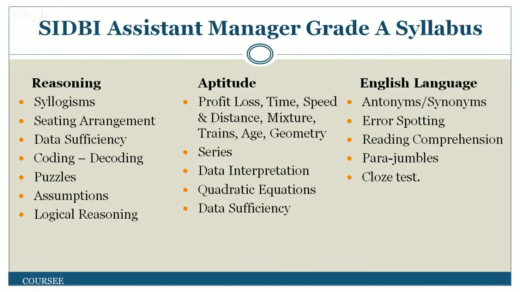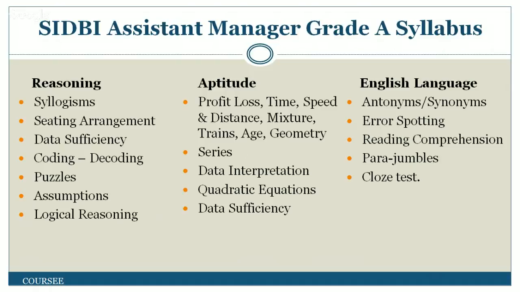Now we see about the syllabus of SIDBI Assistant Manager Grade A. So I have listed here the syllabus. The reasoning consists of syllogism, seating arrangement. These are all the topics which are mainly covered. So data sufficiency, coding, decoding, statement assumptions, logical reasoning.